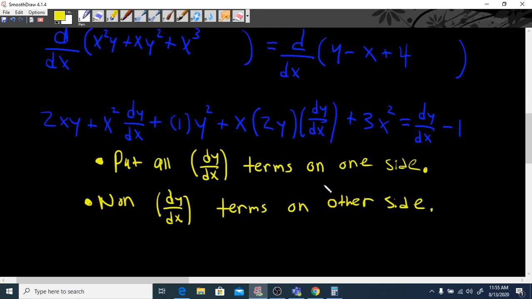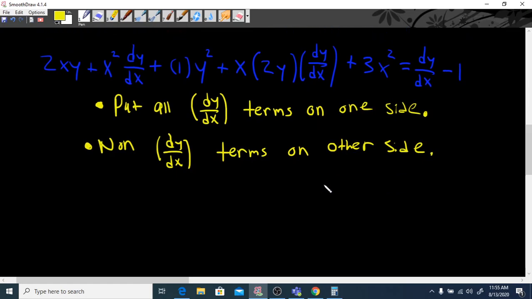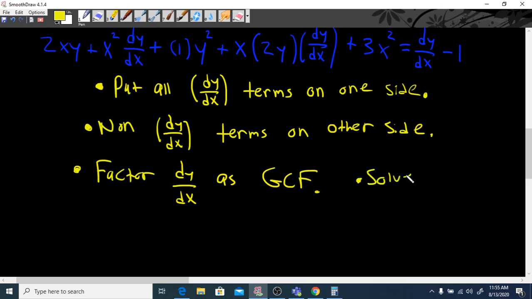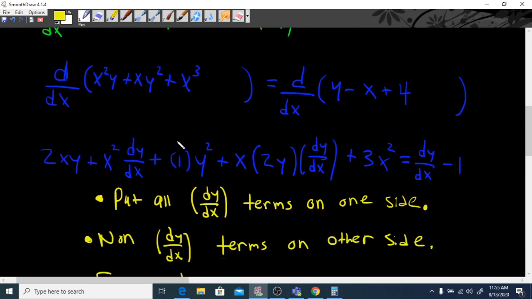Once we do that, we can factor dy dx as a greatest common factor on the side that contains all the dy dx terms. And then finally we can use that to solve for dy dx.